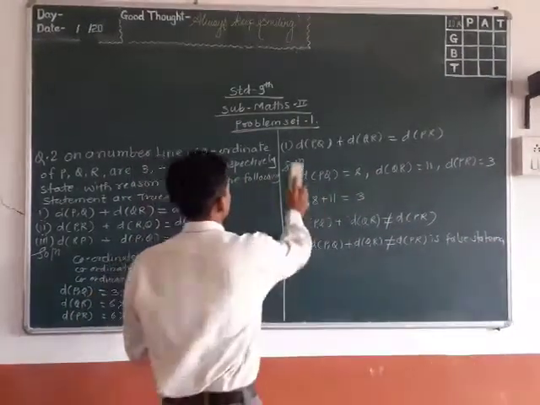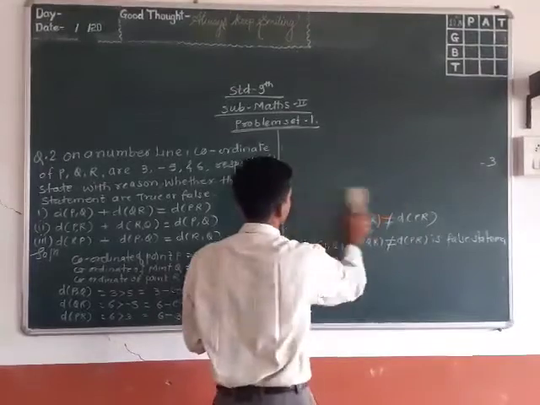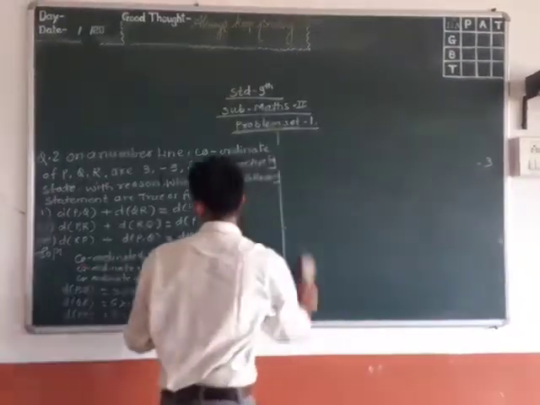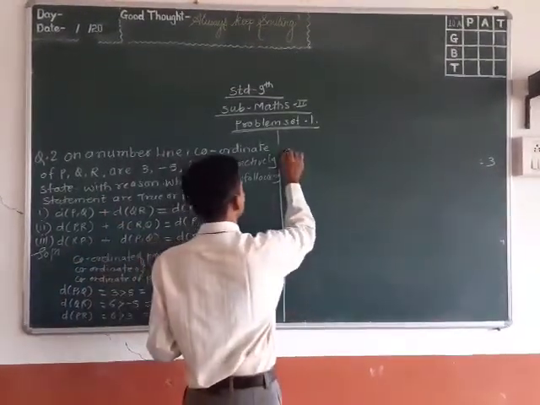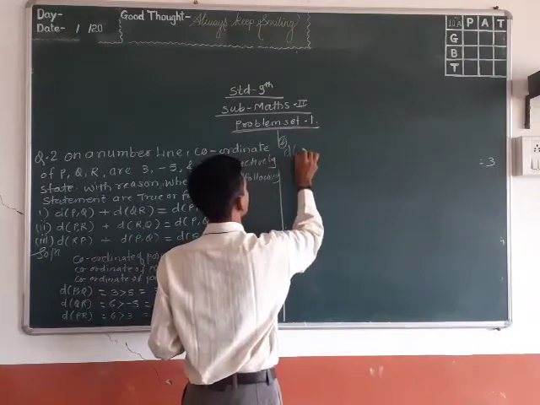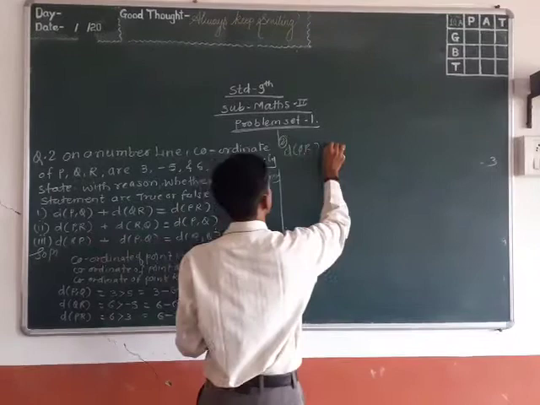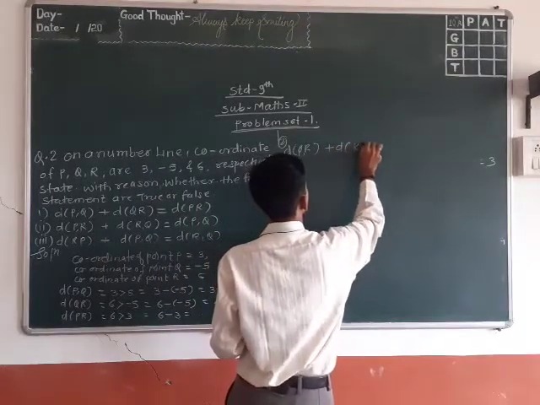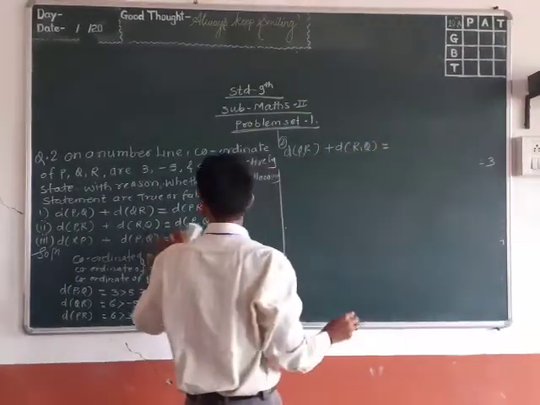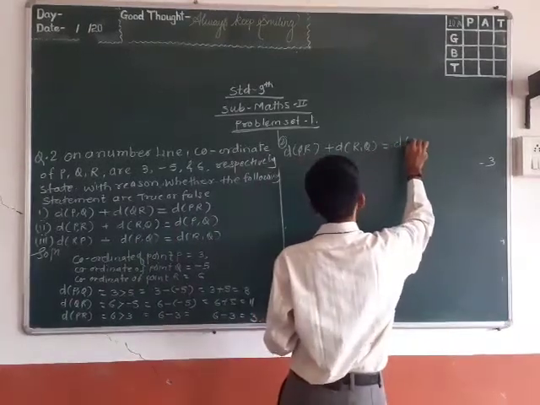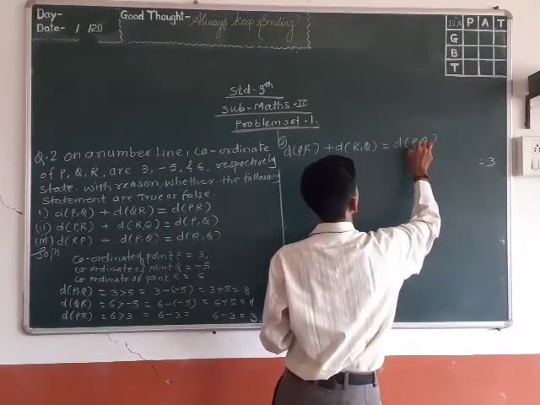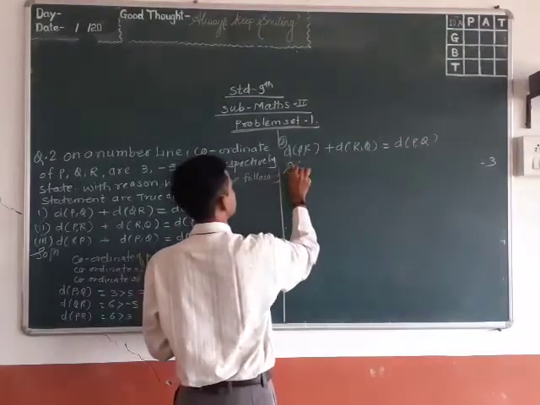Second example: distance PR plus distance RQ is equal to distance PQ. Solution.